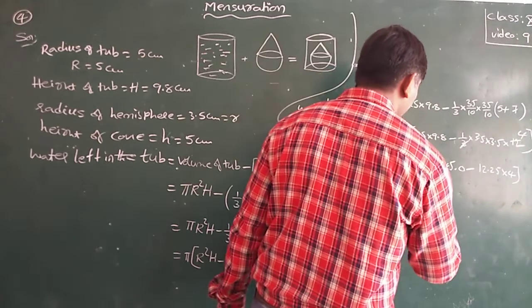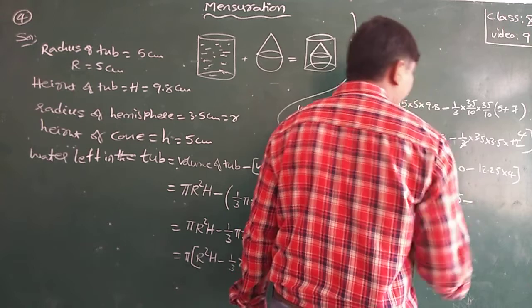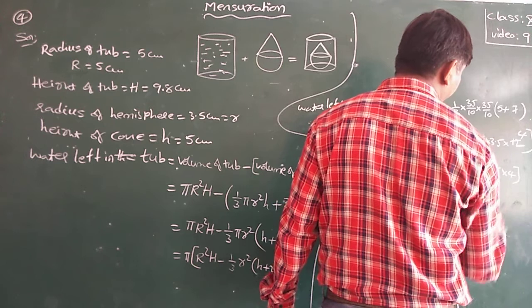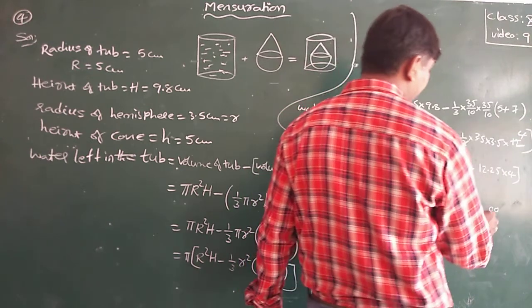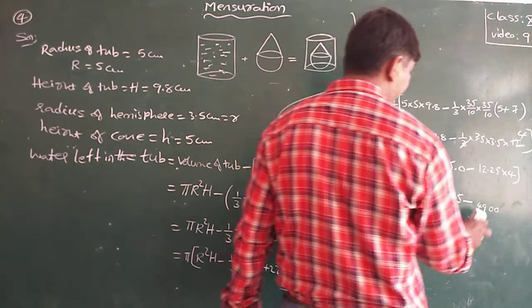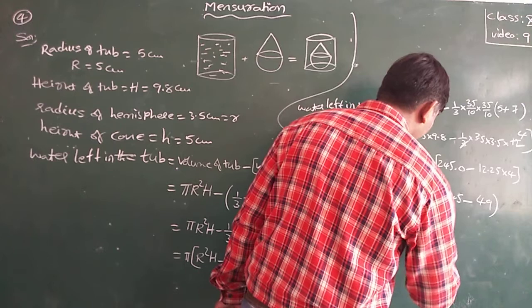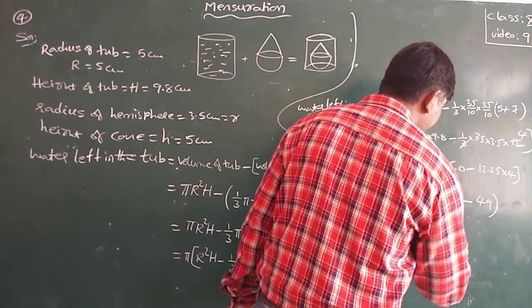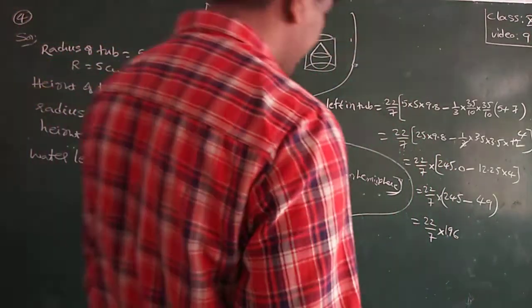That is equal to 22/7 into 245 minus 49: 4 fives are 20, 4 twos are 8 plus 2 is 10, 4 twos are 8 plus 1 is 9, 4 ones are 4, so yes, 49. This is equal to 22/7 into 245 minus 49, which is 196.